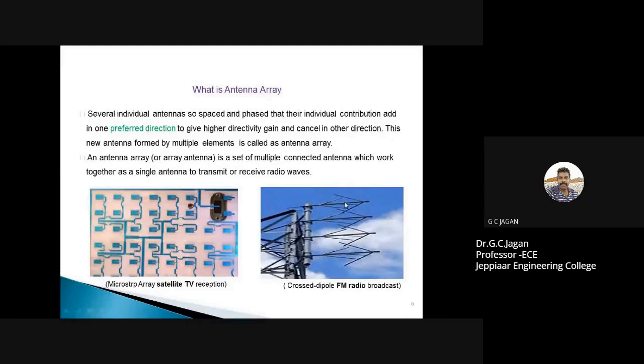In FM broadcasting, the purpose of the FM transmitter is to transmit a particular channel, so the maximum preference is that the signal should reach maximum distance. If you are installing that FM broadcasting antenna in Chennai, it has to reach maximum distance.